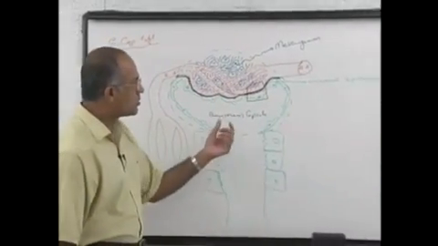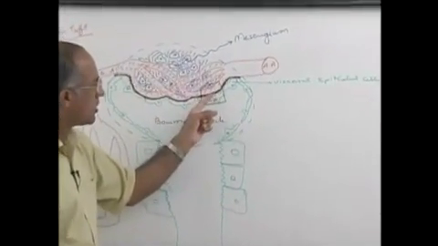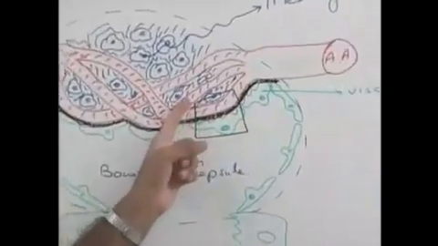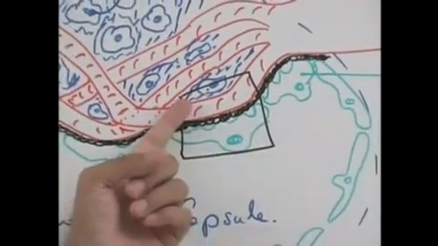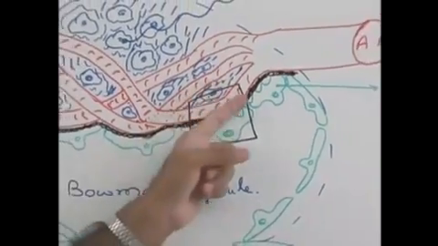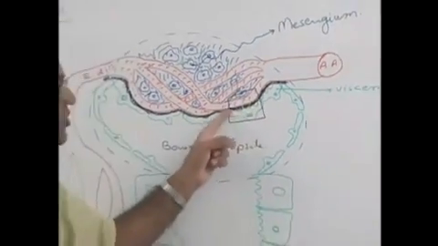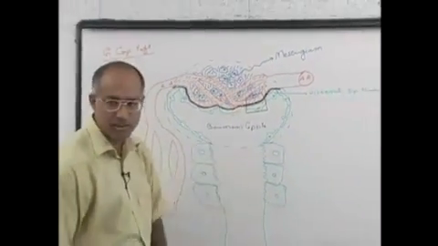Now, I'm going to enlarge this area, glomerular basement membrane. On one side there is the capillary side, other side is the Bowman's side. So I will enlarge this area and show you exactly what is the structure and function there.